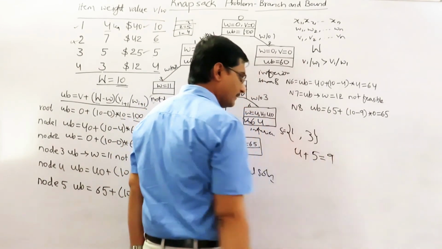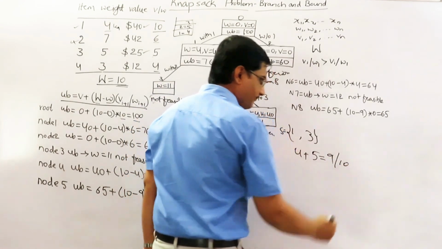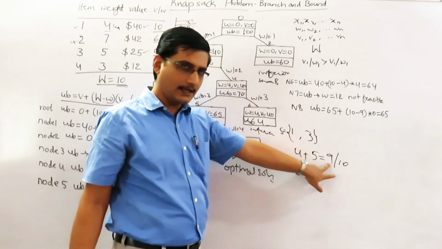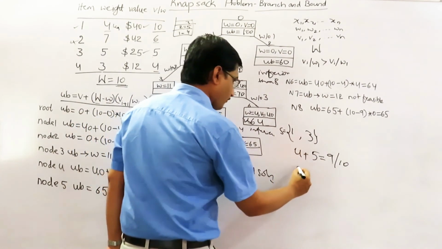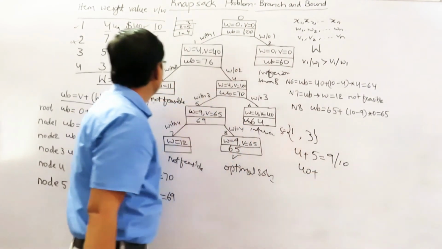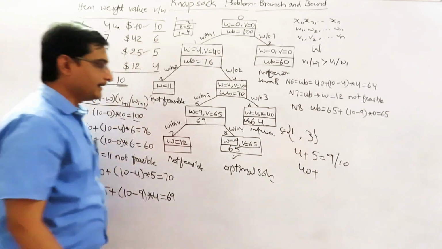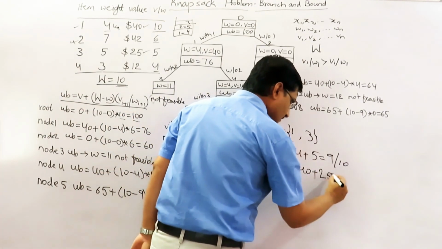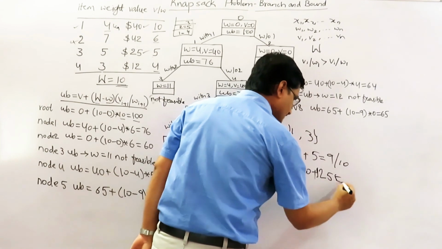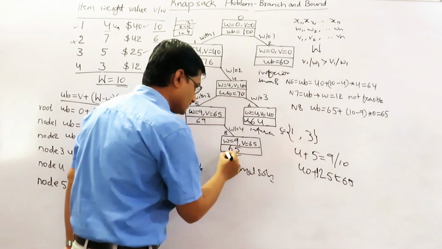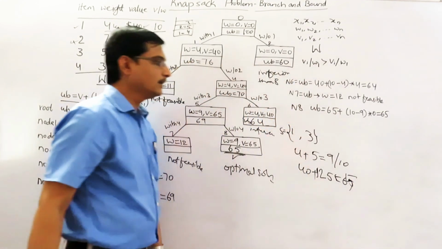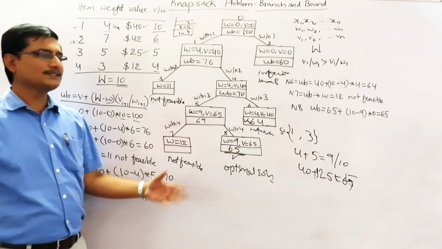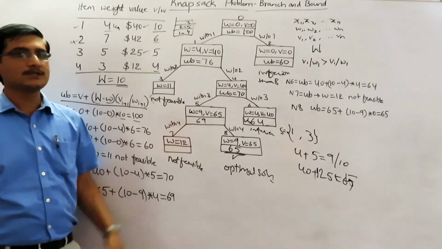So we have filled the knapsack of capacity 10 with 9 kgs, and the profit we have gained is 40 for the first item and 25, that is 65, which is the solution. This is how we can solve the knapsack problem. This is just an instance of the knapsack problem using branch and bound.